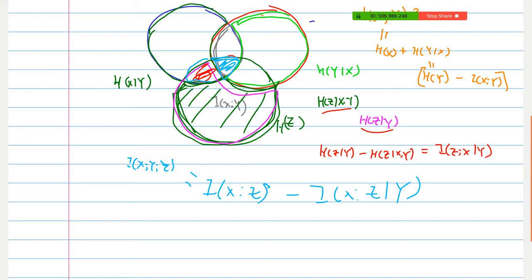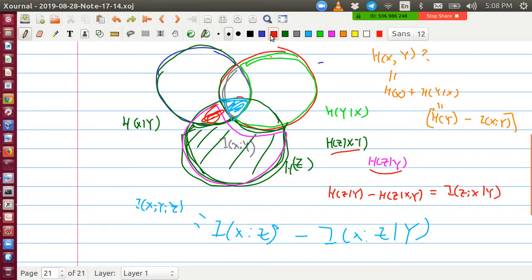I(X;Z given Y) is here. Right. So something like given means outside from that part. Yeah, it's kind of like that.